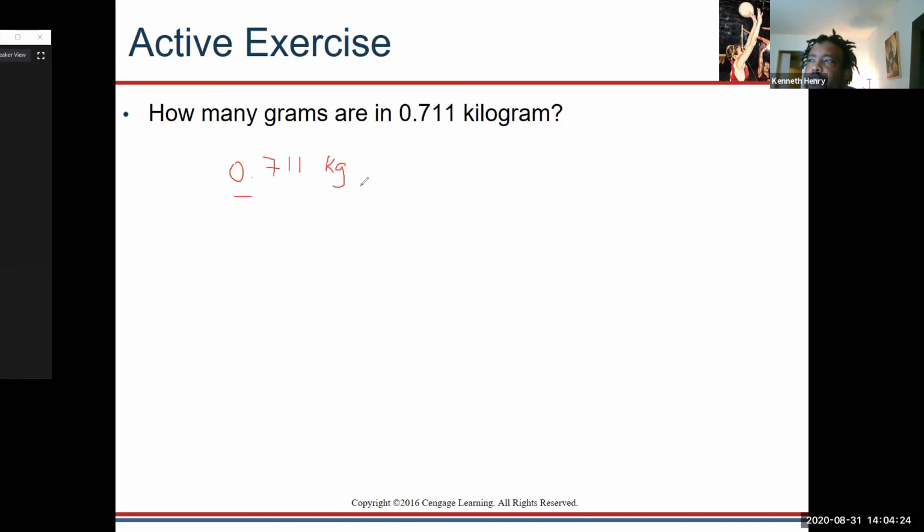So don't forget the units. And how many grams are in a kilogram?